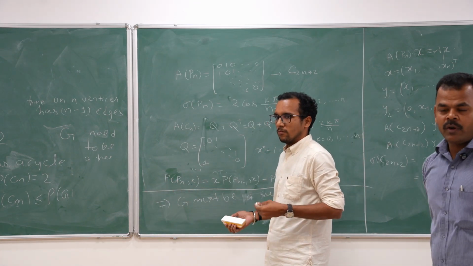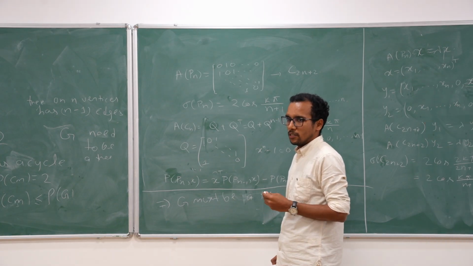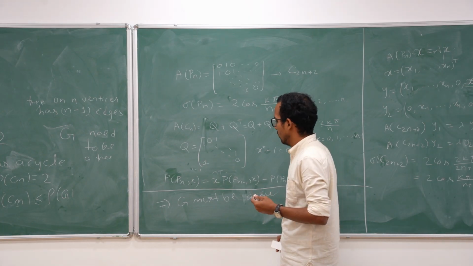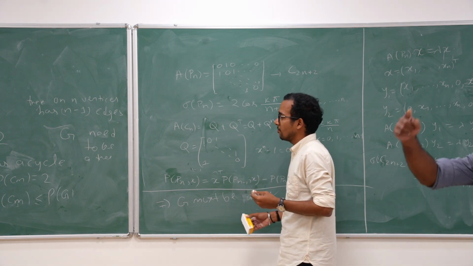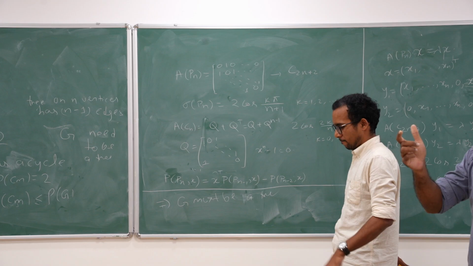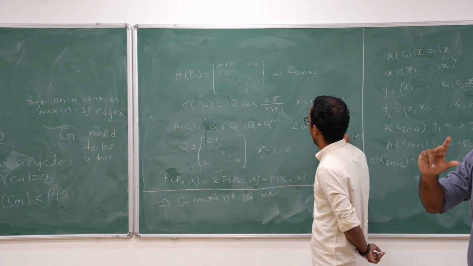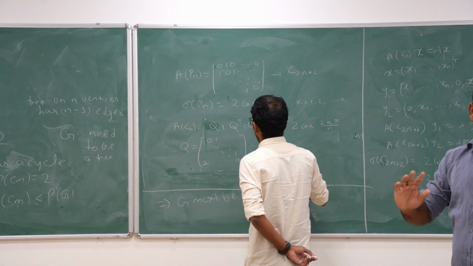Do you know any spectral formula for the number of edges in a graph? The trace of A squared equals 2 times the number of edges. Okay. Look at the diagonal entries of A squared. If you consider the power of the adjacency matrix, A to the power L, the ijth entry gives you the number of walks of length L between the vertices i and j.